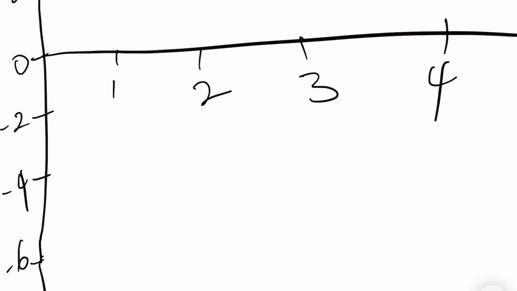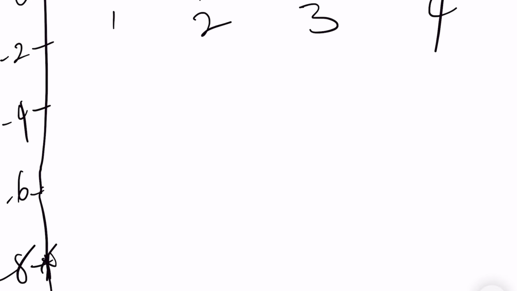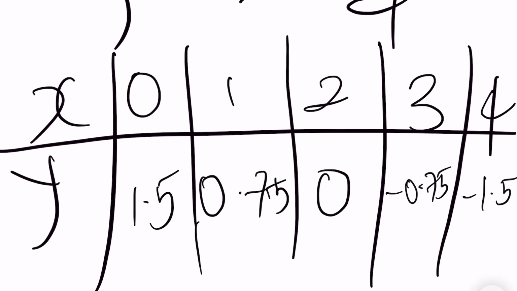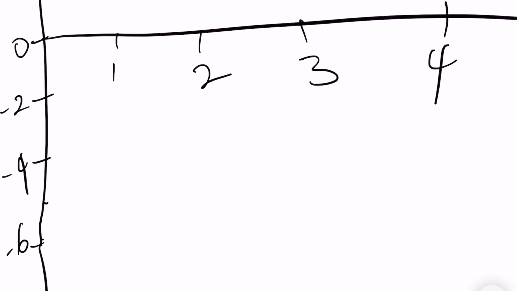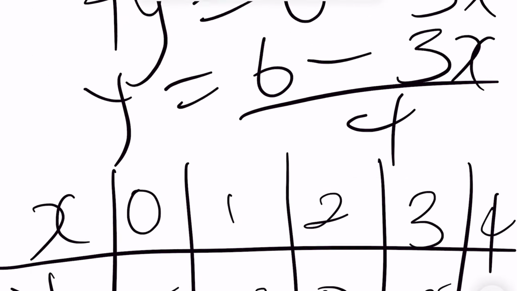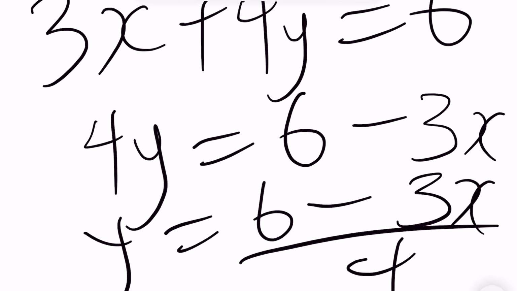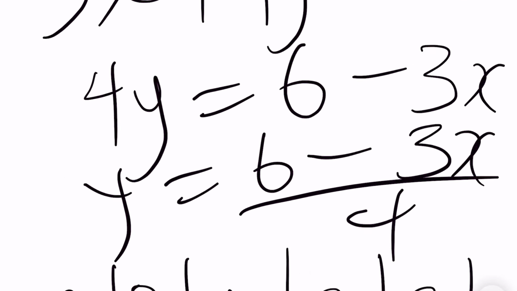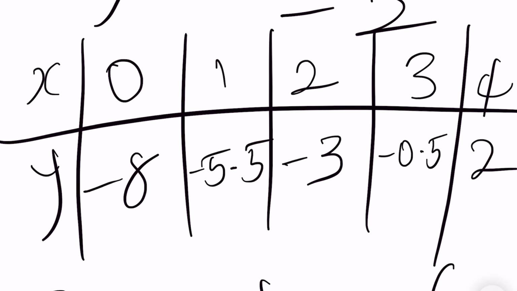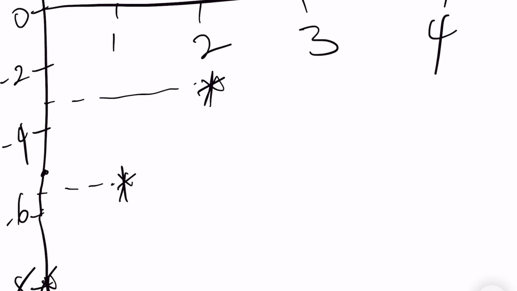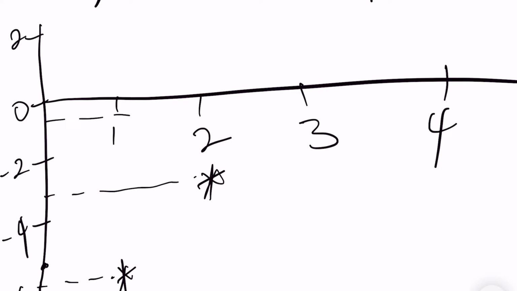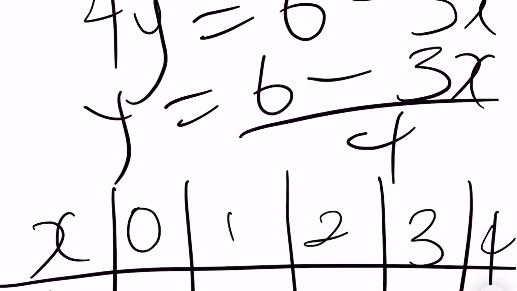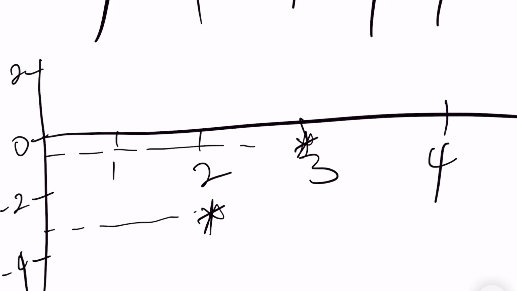We have 1, 2, 3, and 4. Where x is 1, we have it to be minus 5.5. So if our 5 is here, minus 5.5 will be at this place. Where x is 2, we have it to be minus 3. Where x is 3, we have it to be minus 0.5. And where x is 4, we have it to be 2.